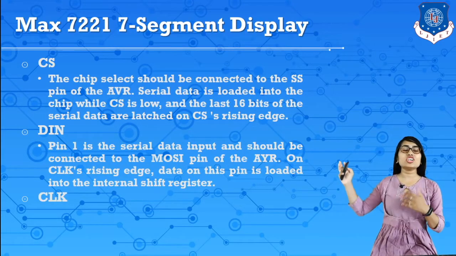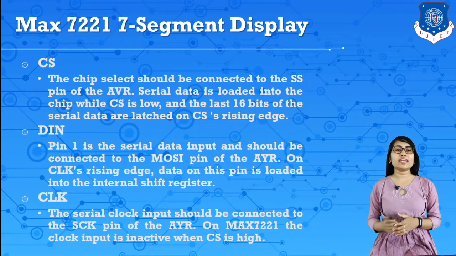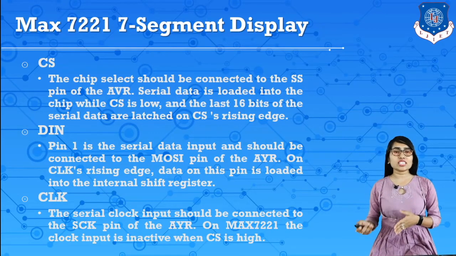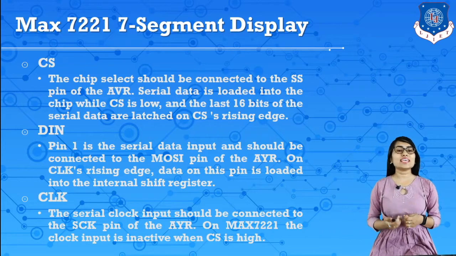Then next is CS, that is chip select. This chip select should be connected to the SS pin of the AVR, that means the slave select pin. Serial data is loaded into the chip while CS is low. The last 16 bits of serial data are latched on the chip select's rising edge.